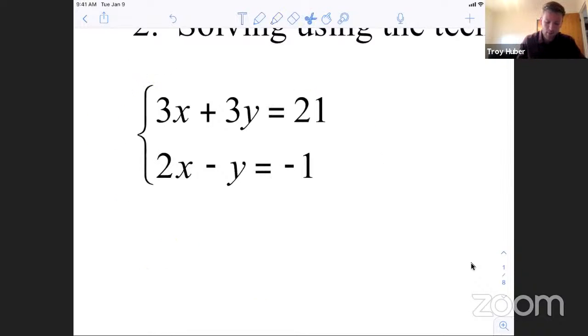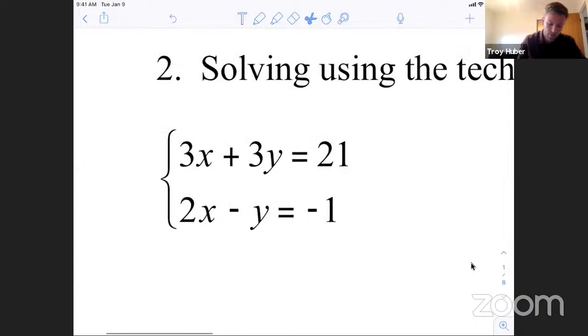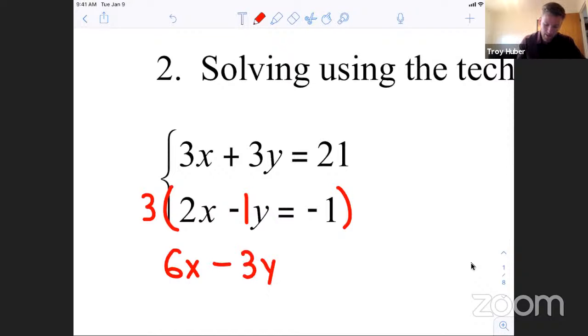So what I'm going to do is multiply this bottom equation by 3, and here's why. 3 times 2x is going to give me 6x. 3 times negative, well, this is really a negative 1y, would give me a negative 3y is equal to 3 times negative 1.